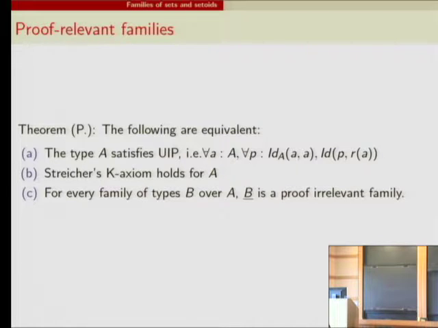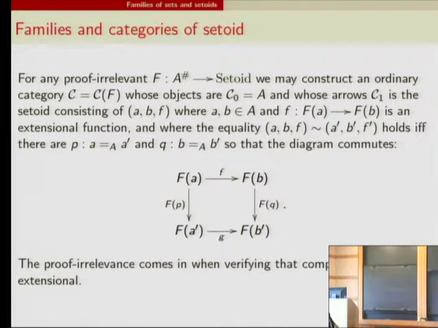One can show UIP for types with decidable equality by what is called Hedberg's theorem. Okay, so there are quite a bit too few of them. And particularly for representation of the universe. Suppose we want to form a universe or category of sets inside type theory.